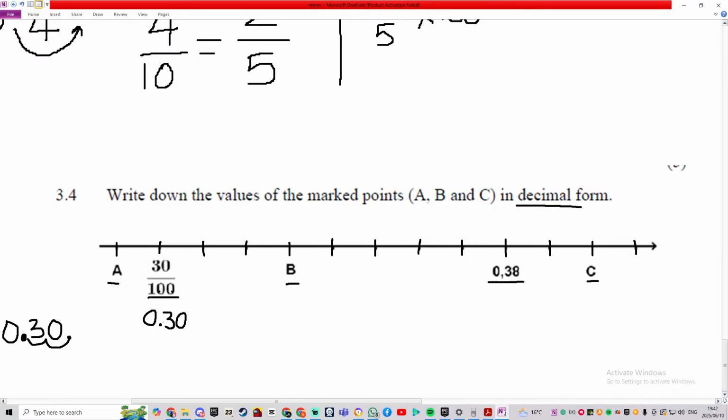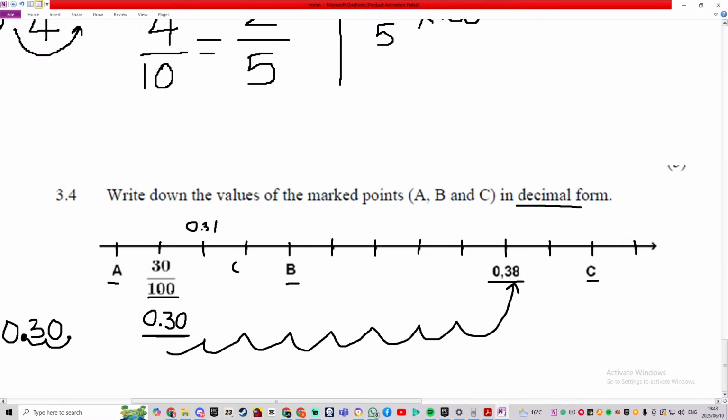Alright, so if this is 0,30 and this is 0,38, let's just quickly count the lines. 1, 2, 3, 4, 5, 6, 7, 8. So I went 1, 2, 3, 4, 5, 6, 7, 8 to get to here. That means if this is 0,30, this is 0,31.